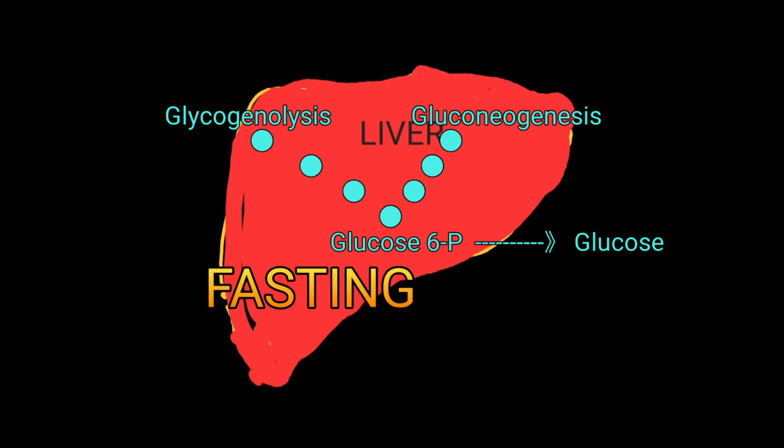In general, these two pathways are activated by a rise in glucagon and/or epinephrine in the bloodstream, which will result in the activation of specific enzymes in those two pathways. The key enzyme that breaks down glycogen is glycogen phosphorylase.